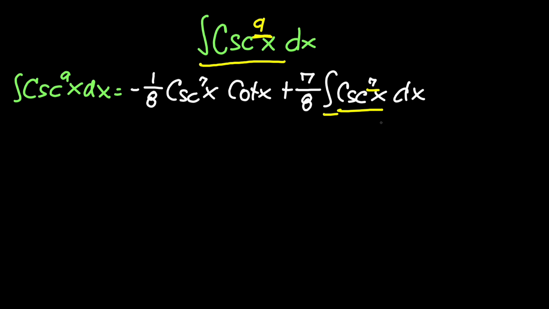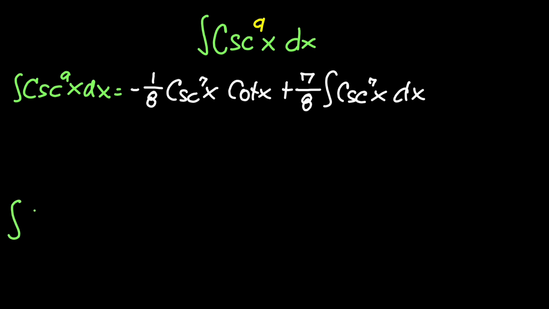So you can just repeat the same steps that we did earlier by factoring out cosecant squared of x and integrating by parts, and you will arrive at an answer. But in this video, I will not be explaining because I had already covered it in my previous video. So I will just be putting the full answer that I had gotten in that video.